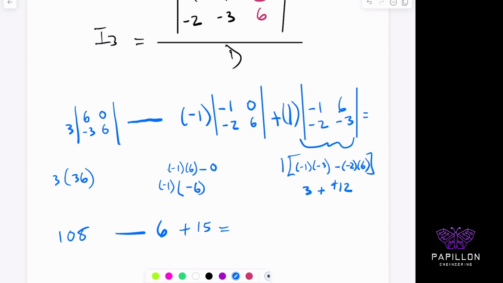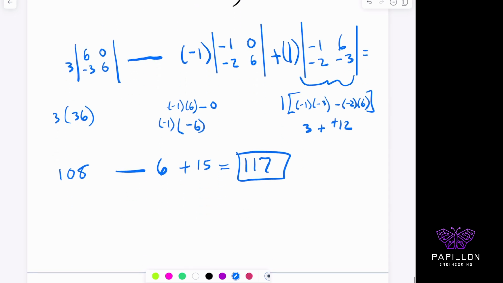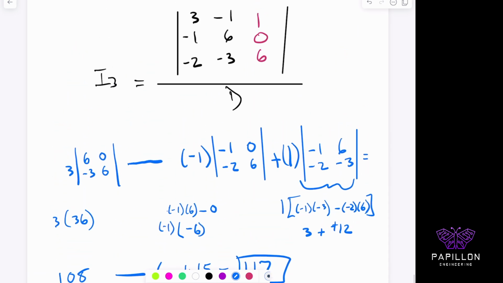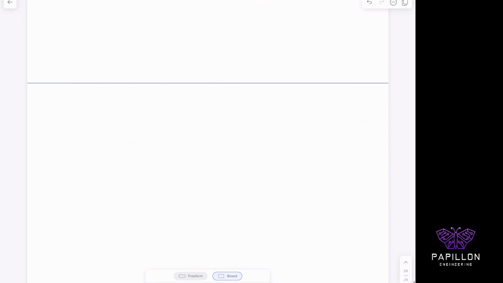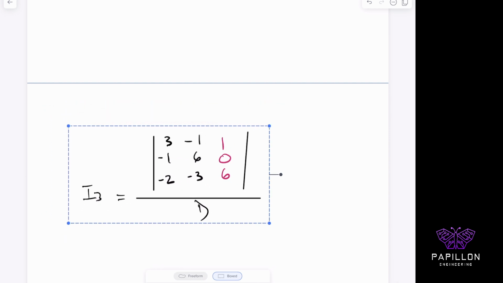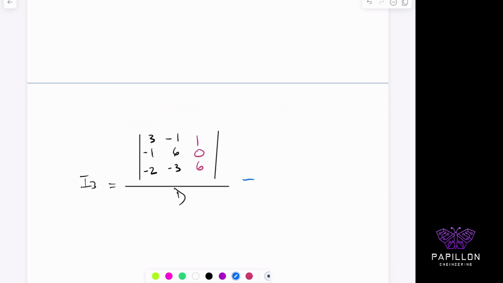So let's see here. So I get the 117, okay? And then the 117, so our final answer for this one, if we did the algebra right, is going to be this, okay? So the equals to the 117 over the 39, and that gives us back 3 amps. So we're all done.